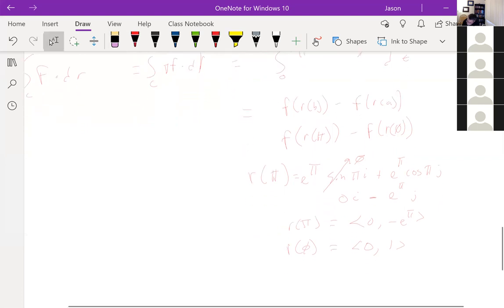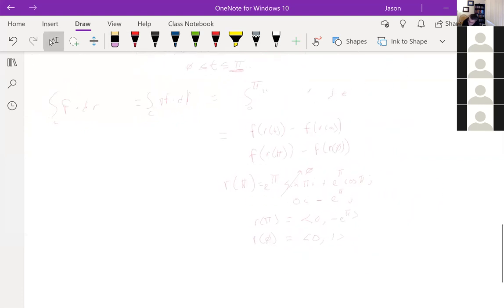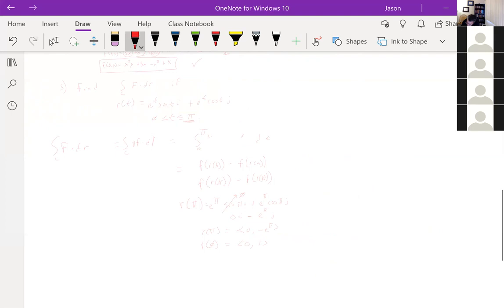So now what's f? Well, what was my parent function? My parent function was this thing here. And if I bring this guy down, okay, so we have f of x, y equals x squared y plus 3x minus y cubed plus k, right?